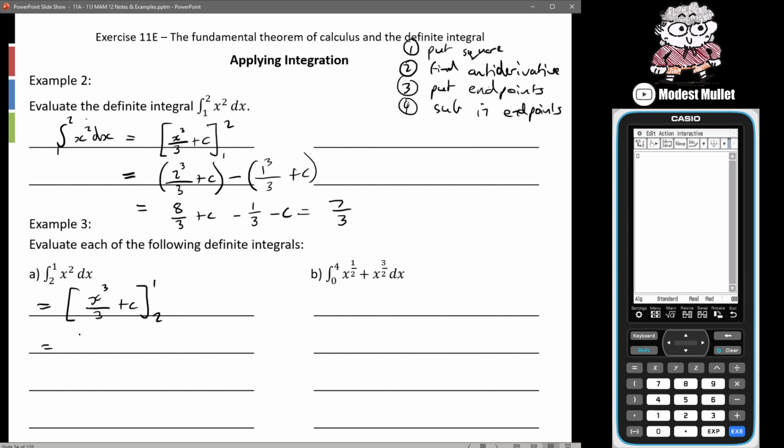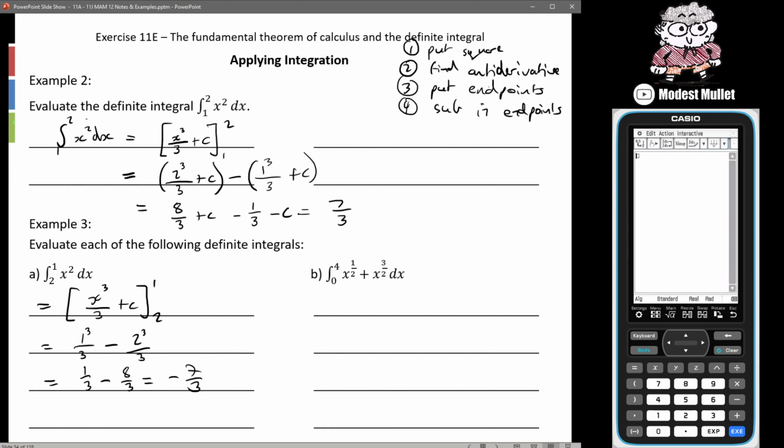That's going to be equal to 1 to the cube on 3, take away 2 to the cube on 3, and I've dropped the c's because I know they're going to cancel. So we get 1/3 take away 8/3, which is equal to negative 7 on 3.